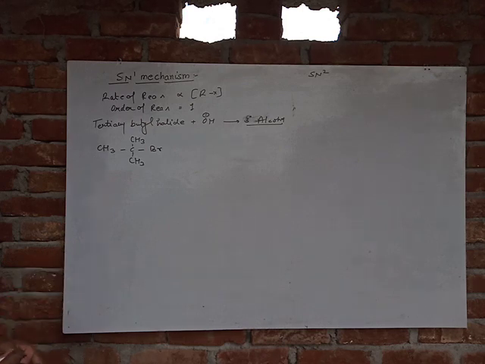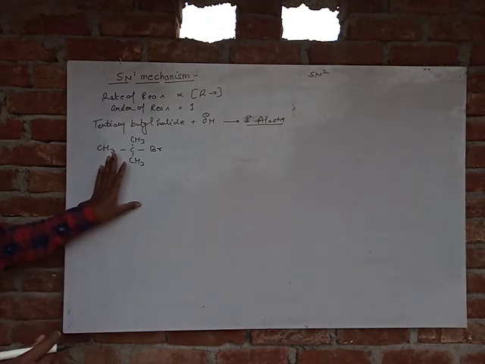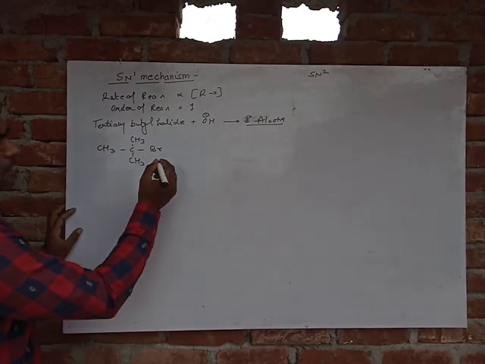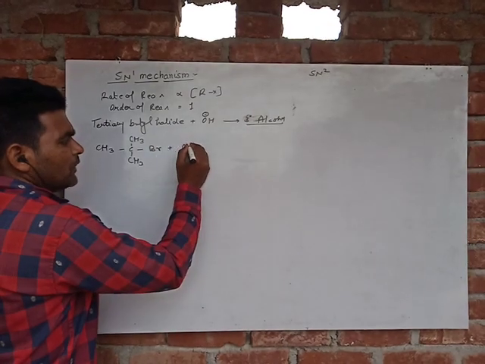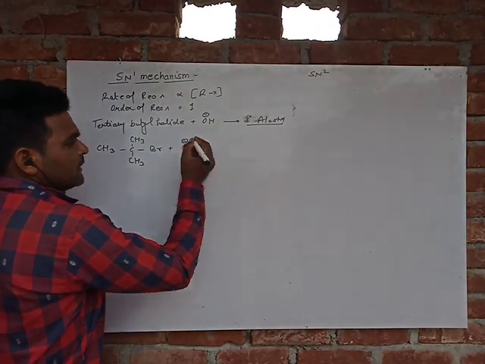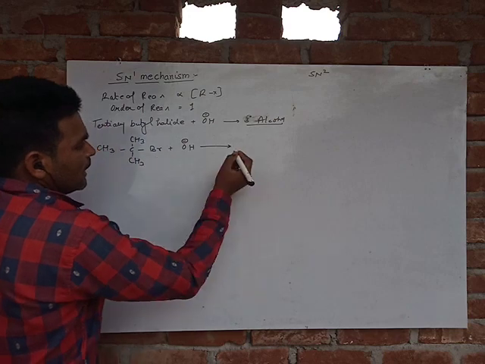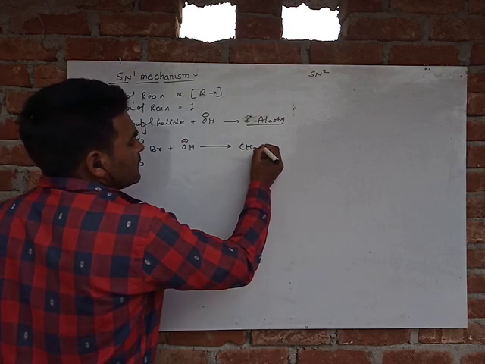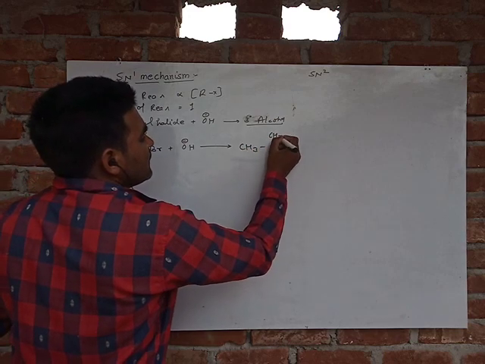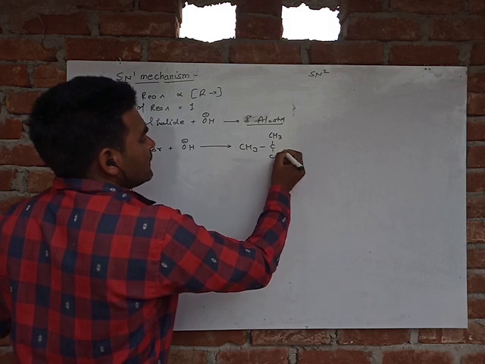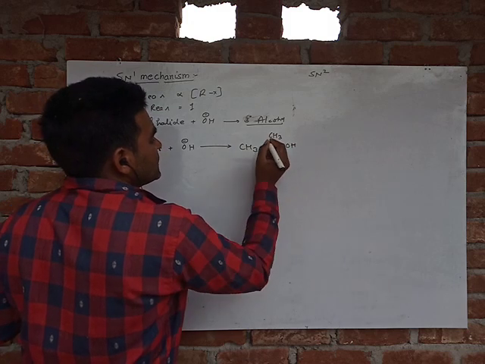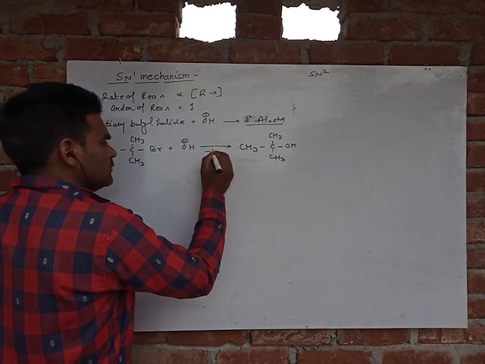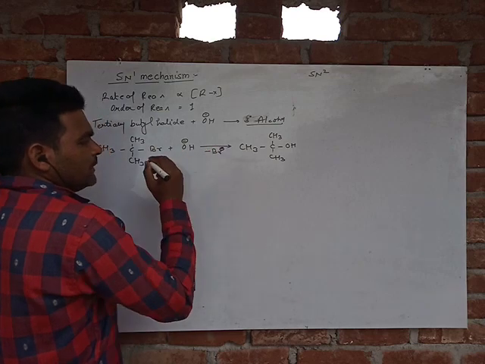This is tertiary butyl bromide. It reacts with hydroxide, OH minus, and forms CH3 and OH, and here removal of the bromide ion takes place.